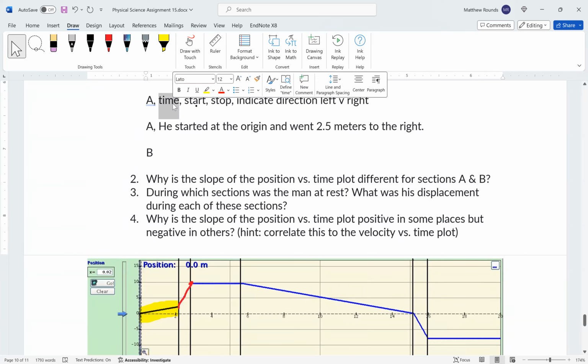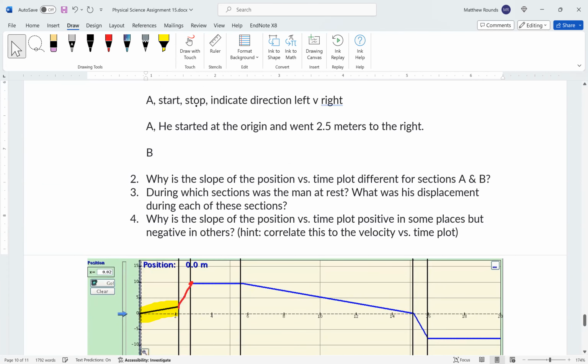We don't need to give time. And for where he is at 10, do I say he went up? I don't know how many meters. He was at 2.5 and now he's at 10. So how far did he walk? What's the difference between those? He walked 7.5 meters? There you go. So he walked 7.5 meters to the right.